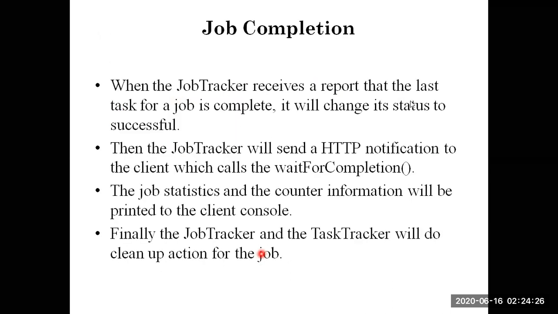Job completion: the final status of a job is how far it is done. Either it is completed, or it is currently in execution, or it is not yet completed. When the job tracker receives a report that the last task for a job is complete, the status is made successful. Else, if the status is wait for completion, it needs to wait until the task is completed.